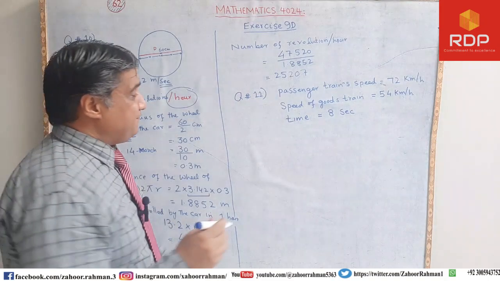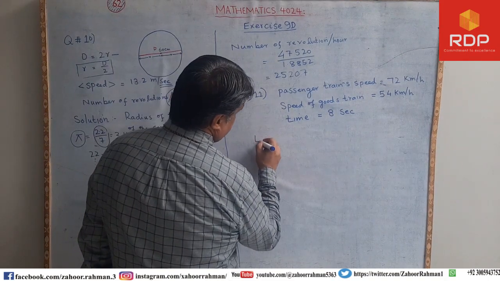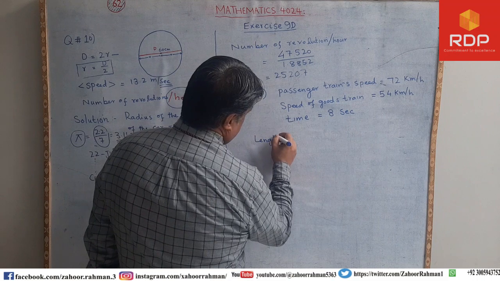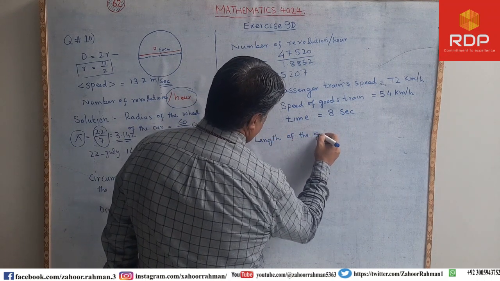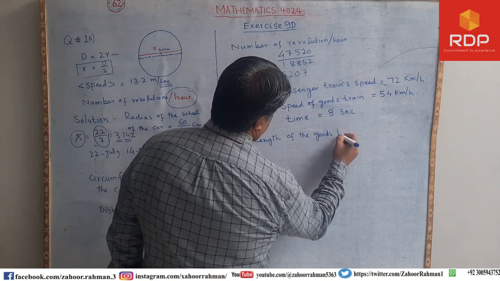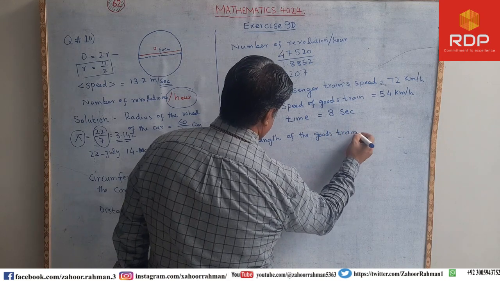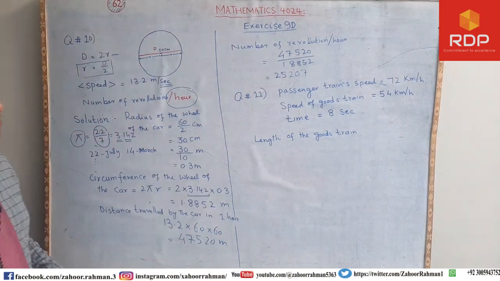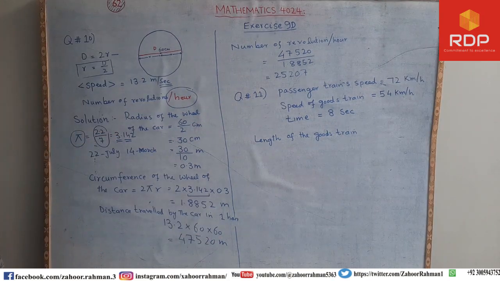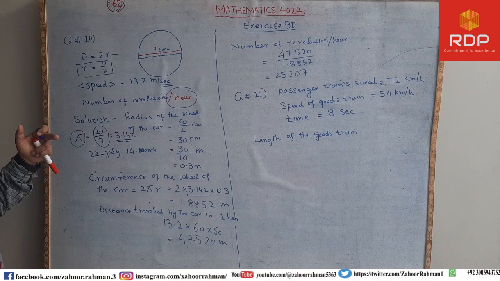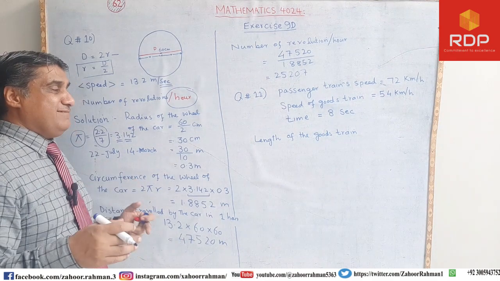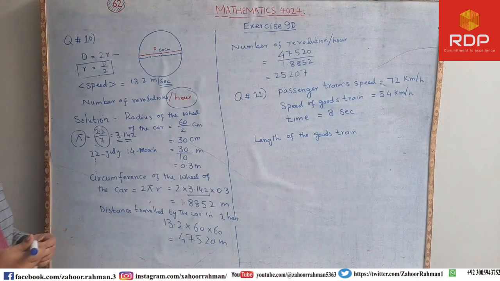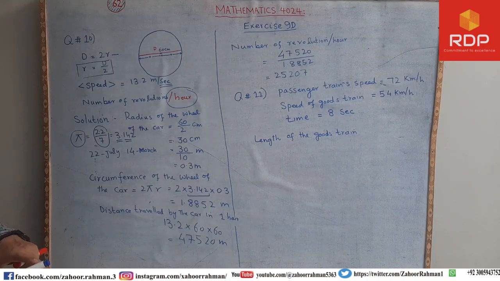Now, length of the goods train. Now we are saying train, but we are actually finding the distance that train is covering when they start passing that passenger who is observing the goods train coming from the opposite direction.